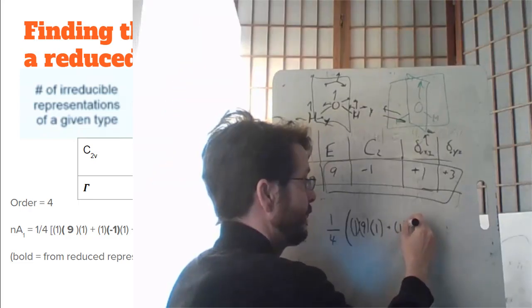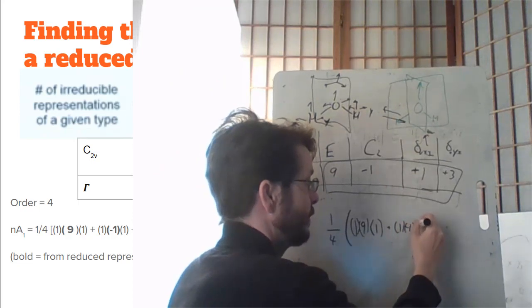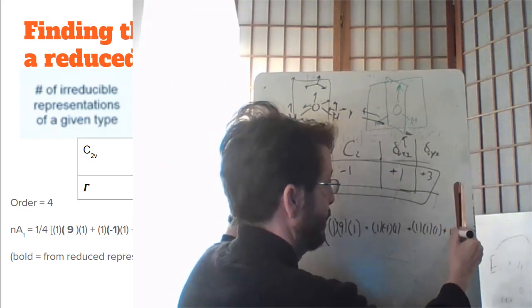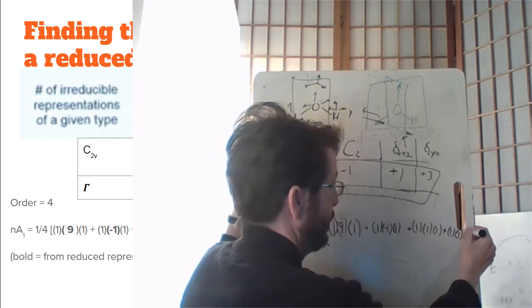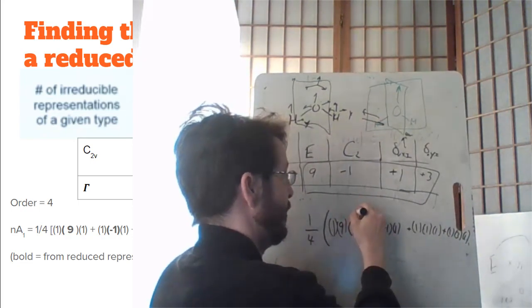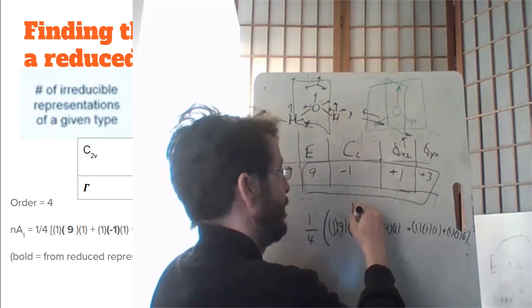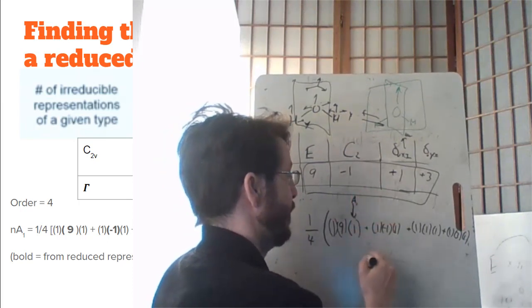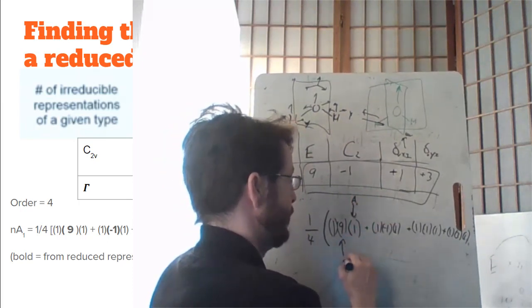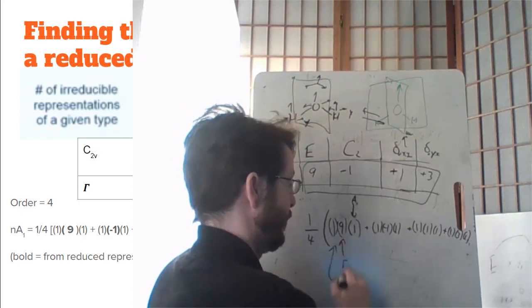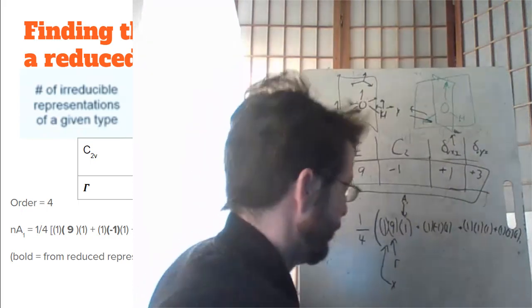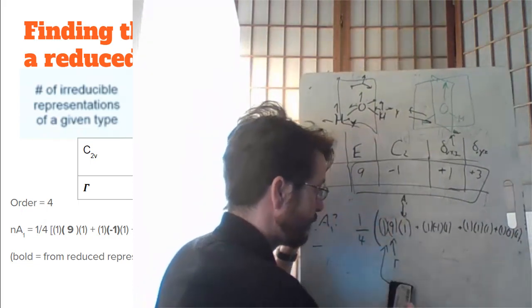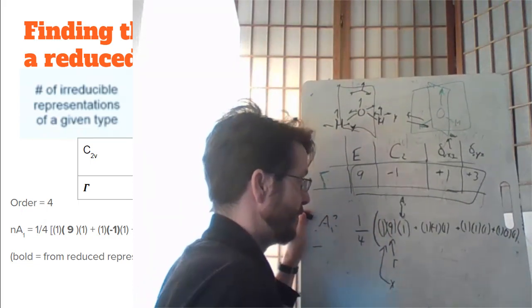We can do this for all of them. 1, negative 1, 1, plus 1, 3, and 1. Again, this is our A1 representation, this is our reduced representation, and this is from our character table. And so we can sum this up.